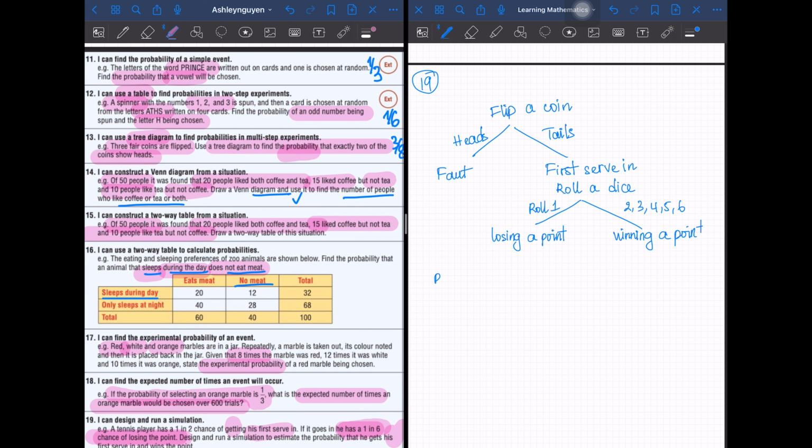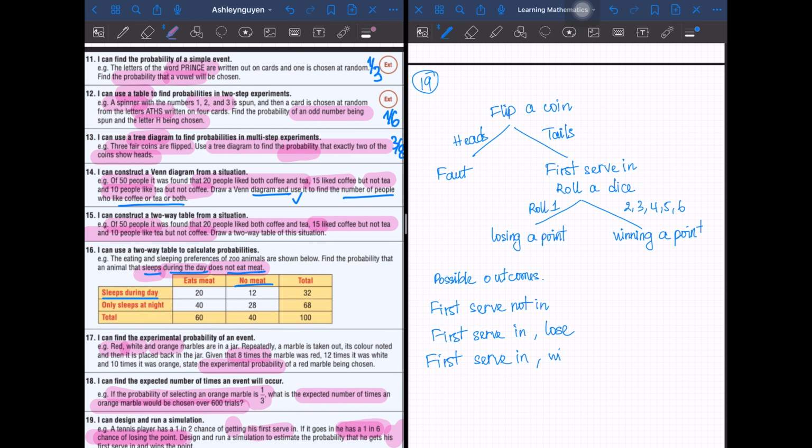So the possible outcomes: thirdly, first serve but not in. Secondly, first serve in but losing a point. The last one, first serve in, winning a point.